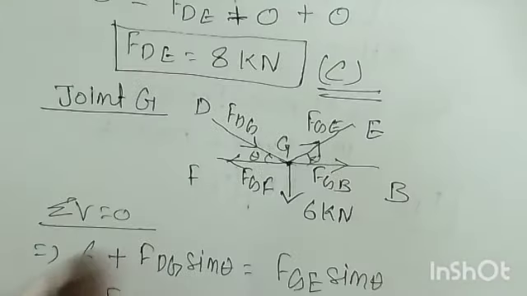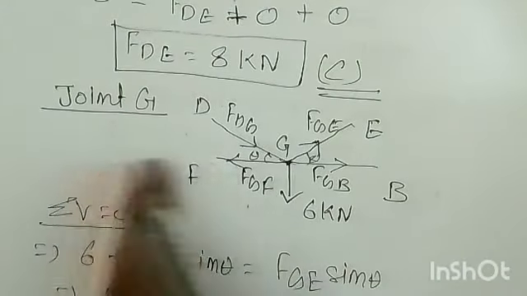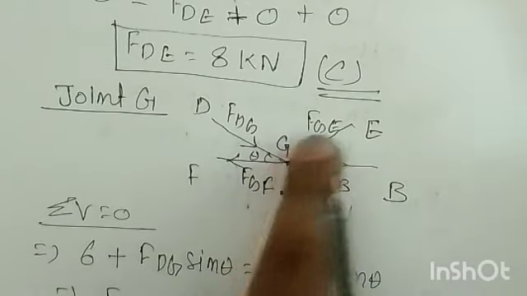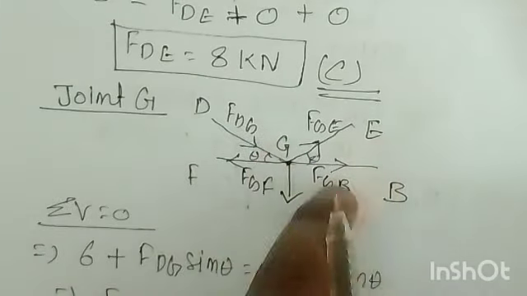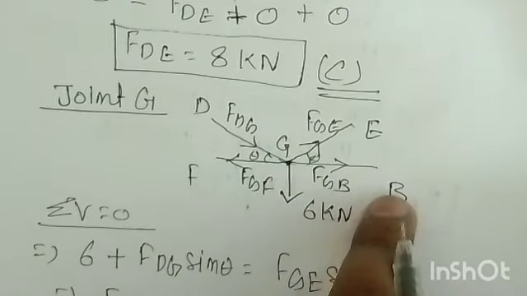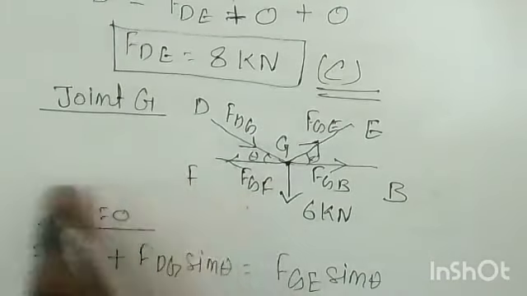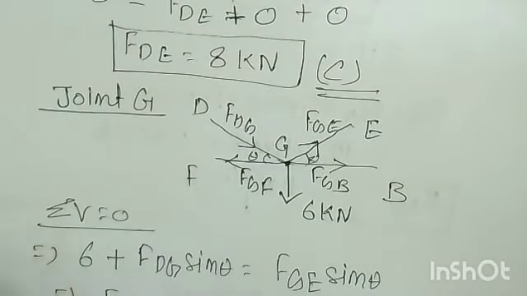So what is the summation of H? I'll show you again, that G only. So at G, this horizontal component is, this is towards left, this is right, this will be right, and this is also right. Means these three forces, FDG, FGE and FGB will be added, and this is balanced by the FGF.